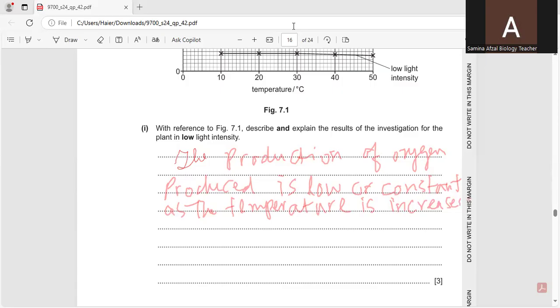So we can say that if light intensity increases, the rate of oxygen production can also increase. So we can write that in this case, the light intensity acts as a limiting factor in this investigation.